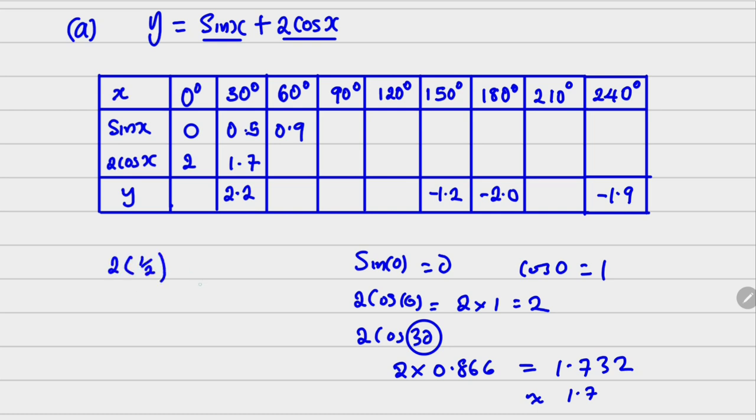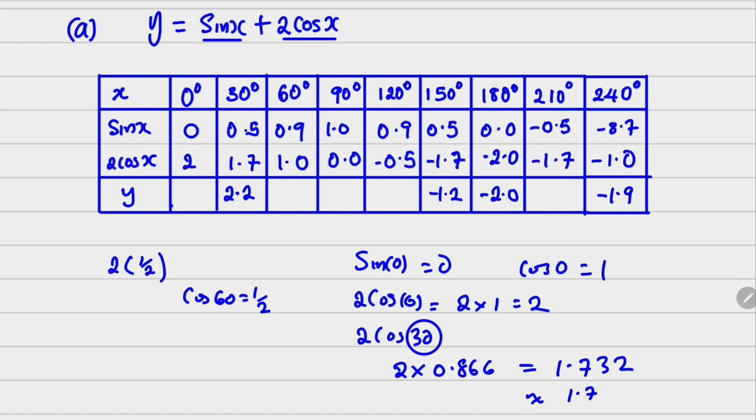All right, because cos 60 is half. All right, and this is 1.0. Okay, and that is how you are going to fill it in. So since you know how to do this, I'm going to write the answers for you but I advise that you should do it and check it out for yourselves.